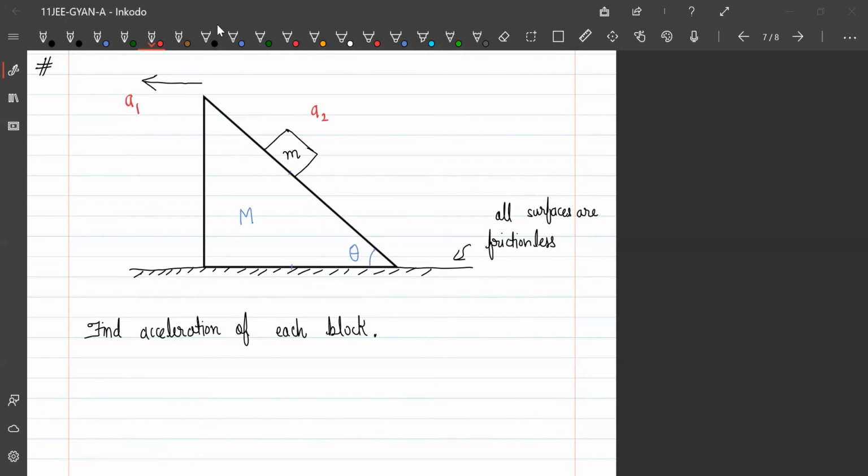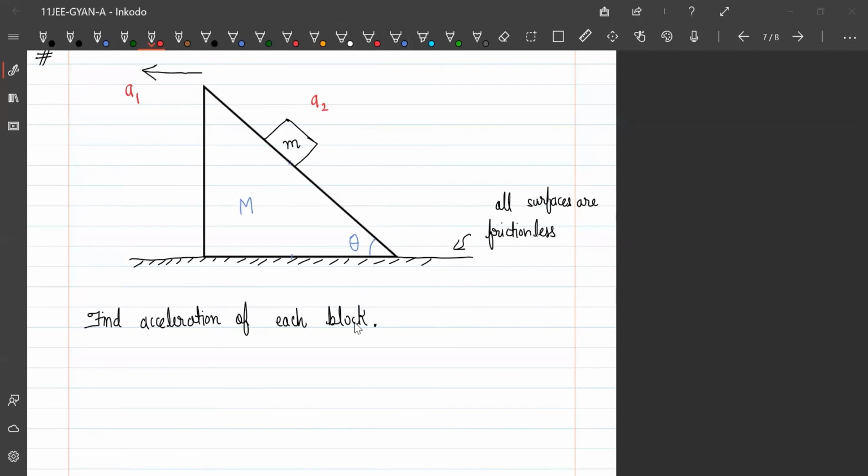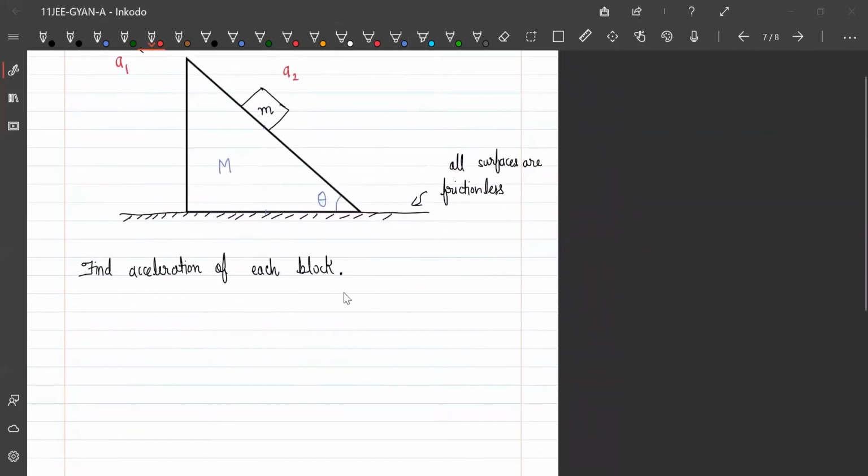First thing you will do is draw the free body diagram of both the blocks, and then see what are the net forces. First, we're going to start with the free body diagram of these two.